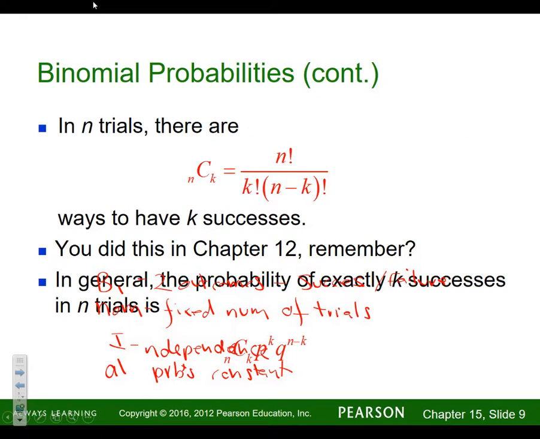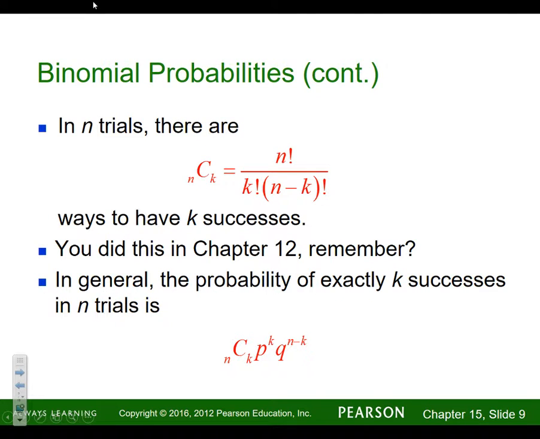Do you guys remember this thing up here? We did that not too long ago, huh? N choose K. And I gave you guys another way of writing it as well. It's the same thing, it's N choose K. It's a combination problem. Okay?